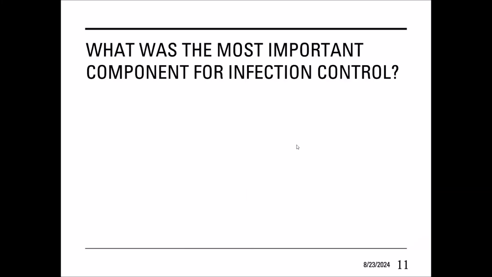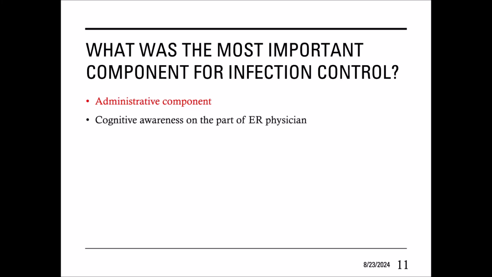So the most important component for infection control for this situation in the emergency room was the administrative component, the boring thing: the training of your staff, the policies, the education of staff, and cognitive awareness on the part of the physician. Now, we're probably going to do this 10 times to discover a single case of tuberculosis. In fact, we might have to do isolation 20 times to discover one case of tuberculosis.